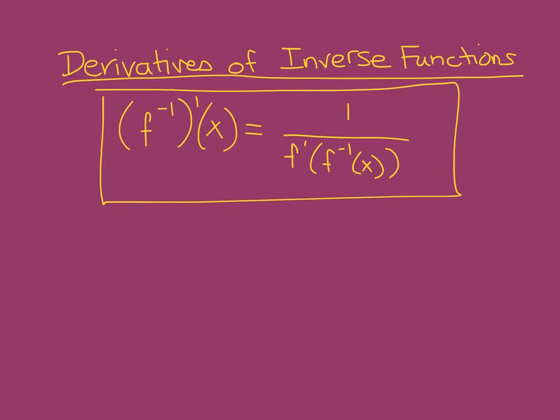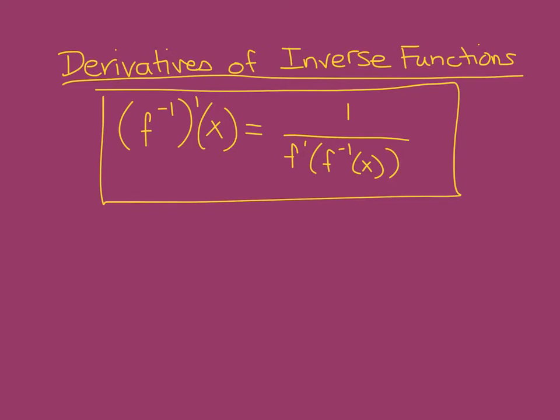So I'd like to give you the general formula to find a derivative of an inverse function. It looks really complicated and intimidating, and maybe it is a little bit intimidating, but we'll do some examples so that we can practice. So basically, if you have a function f that is differentiable and has an inverse function, then we have this formula right here for this inverse function.